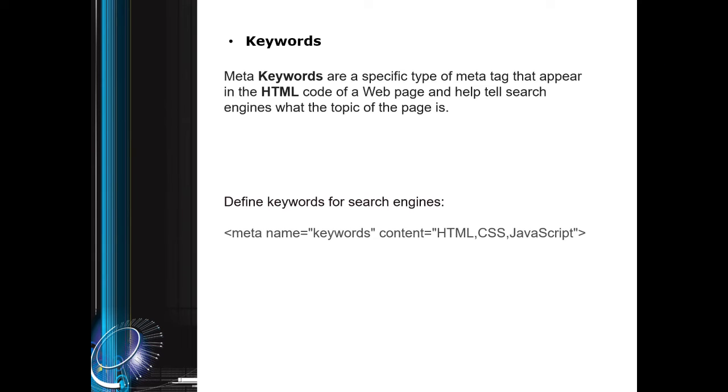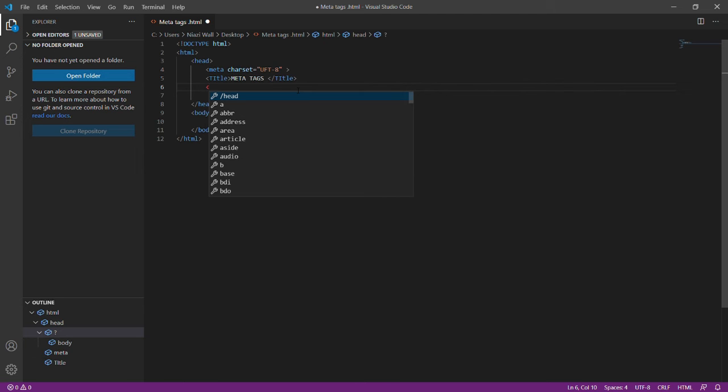Let's see how we use keywords in our web page. First open the bracket, meta, space, name equal to keywords, and content is equal to the content of your web page, like HTML, comma, CSS, comma, JavaScript.